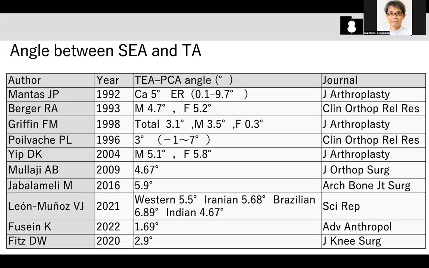But practically, we cut the femur in 3 degrees of external rotation in all cases. If the pre-operative X-ray shows that this twist angle is 7 degrees, which is sometimes possible, we cannot follow 7 degrees because the posterior cutting thickness becomes quite different from the component thickness.